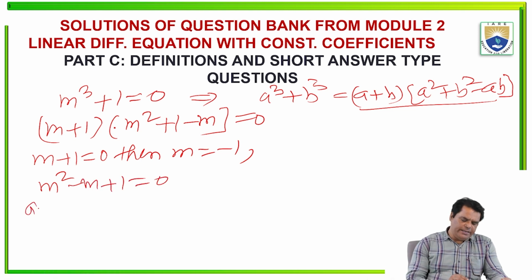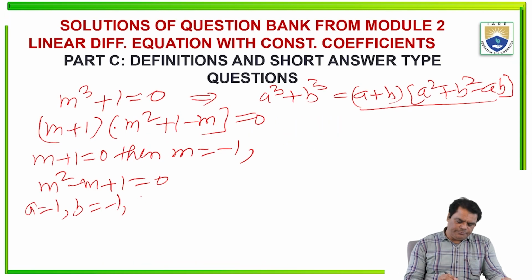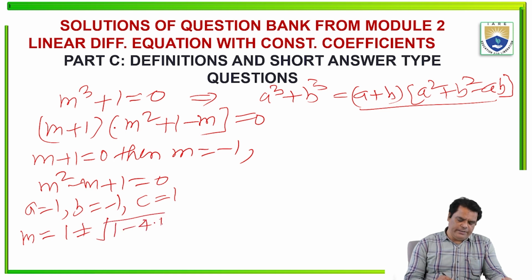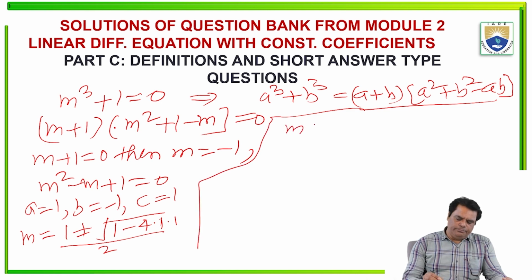So apply the formula: a is 1, b is minus 1 and c is 1. So the formula is m equal to minus b plus minus under root b square minus 4ac, upon 2a. So here m equal to 1 by 2 plus minus under root minus 3 by 2.